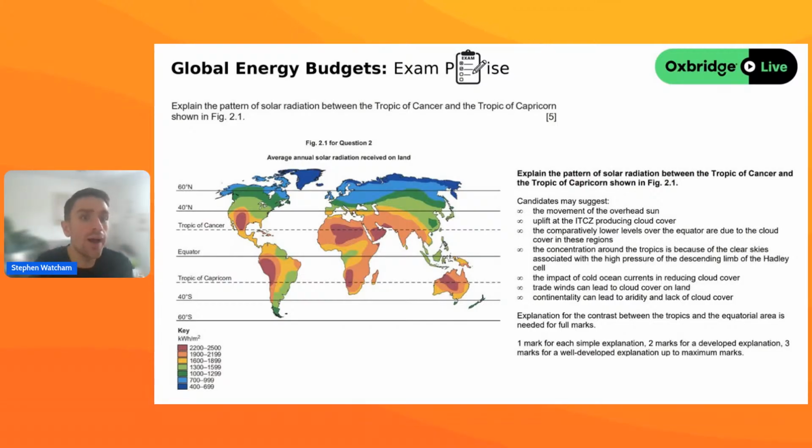So why is the pattern of solar radiation between these two places the way it is? That's what explain means. Give me the geography, the reason behind it. Don't tell me what you see from the figure. That's what we mean by explain. Wonderful. Take just a few seconds to have a think of your answer for this question.